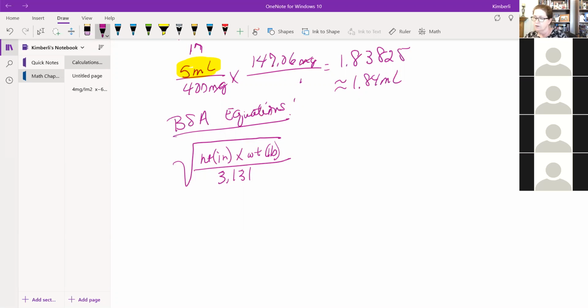So there's the standard, and here's the metric, which actually comes out to just about the same thing. Square root of the height in centimeters times the weight in kilograms divided by 3,600.